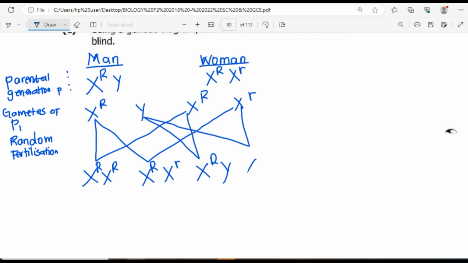There is a chance to have a son who has red-green color blindness. So this is how that problem came into existence. So say genotype of F1. This is the picture that we can look at under this paper.